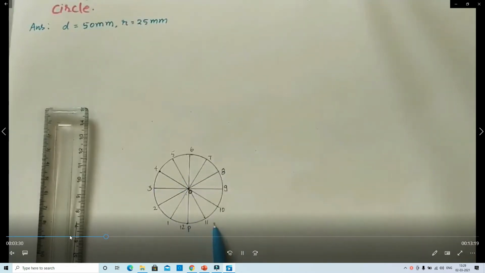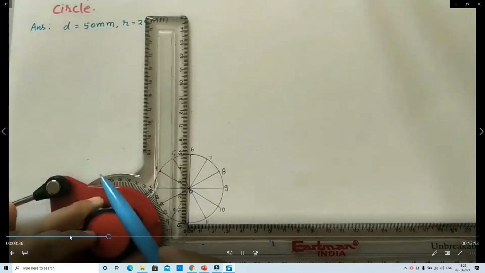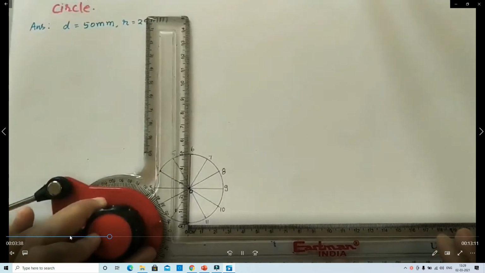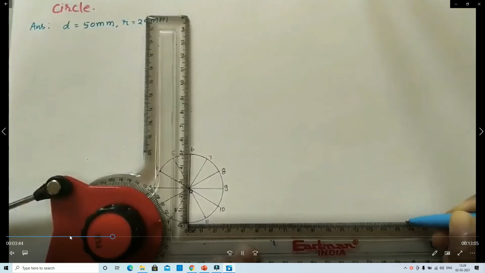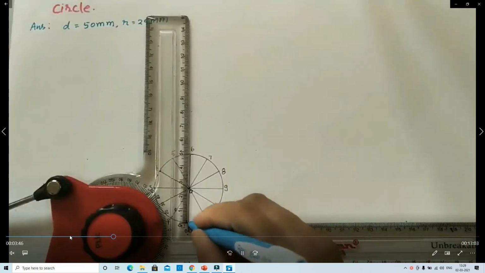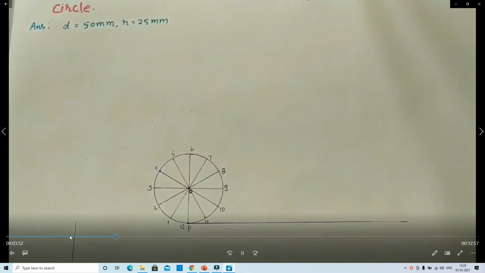How much is the distance? 150.7. So 150.7 is the length of the horizontal line, or circumference of the circle. In this way, we draw the horizontal line with the help of the scale. That is the horizontal line, 150.7 mm.